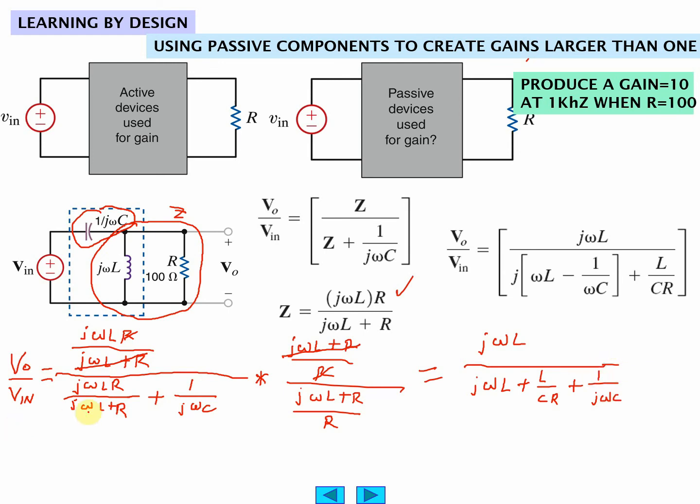Rearranging this a little bit, now we can see how we derive this equation. One over j is negative j. So we're going to get j times omega L minus 1 over omega C, plus L over CR.